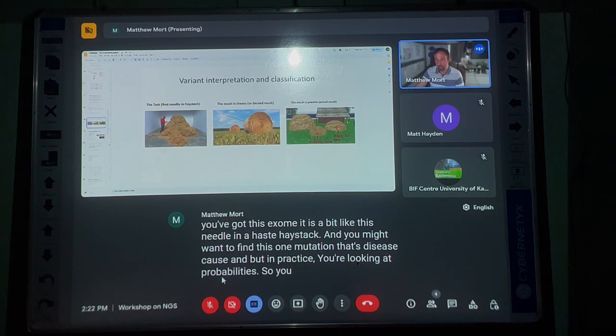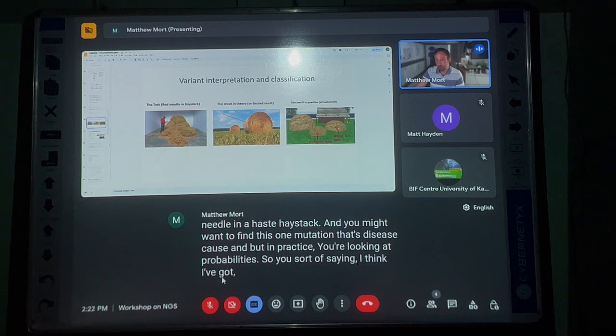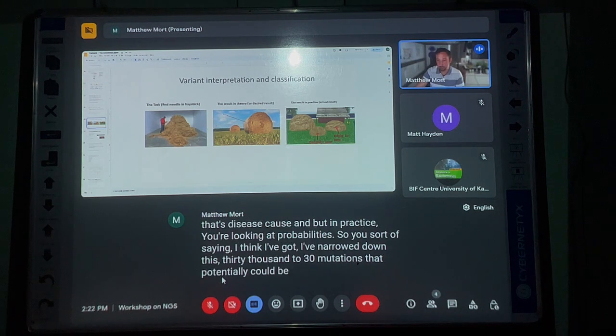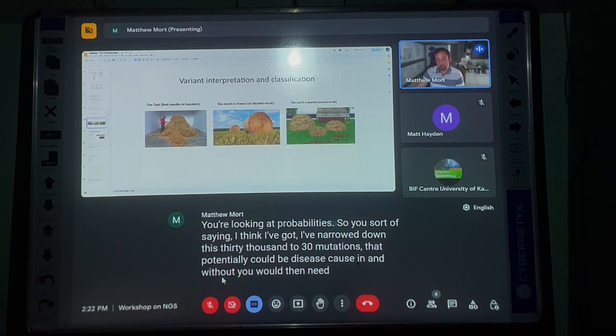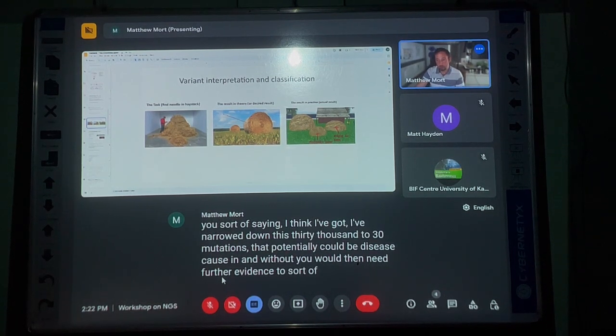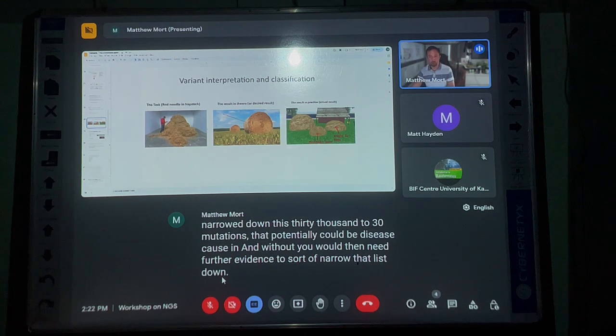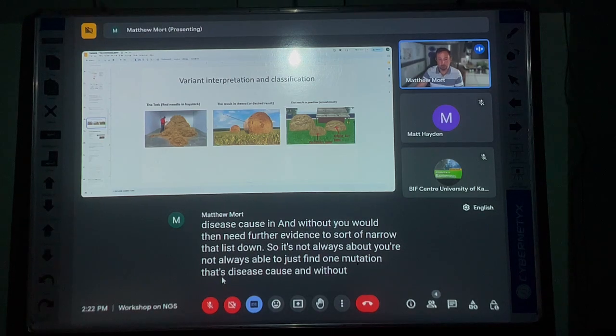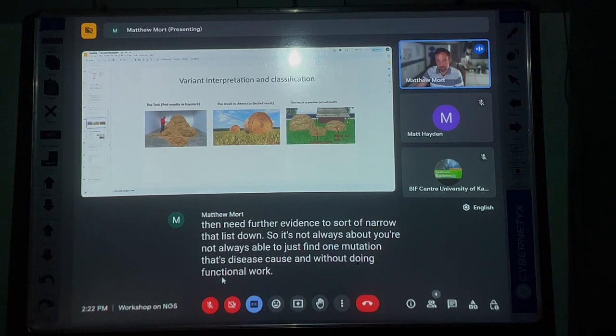So you're saying, I've narrowed down these 30,000 to 30 mutations that potentially could be disease causing, and you would then need further evidence to narrow that list down. You're not always able to just find one mutation that's disease causing without doing functional work. That's the take from this part.